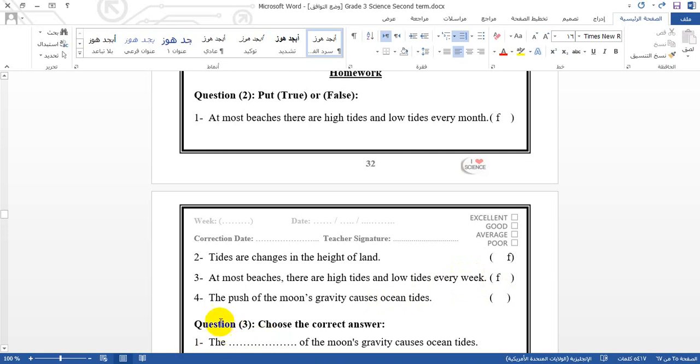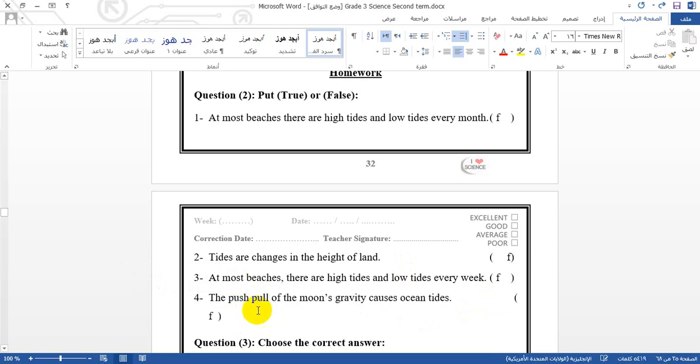The push of the moon's gravity causes ocean tides. Do you think that is correct? So this one is not correct. Push is not correct. The correct answer is what? It is pull. Okay guys, so this one is false. It should be pull instead of push.